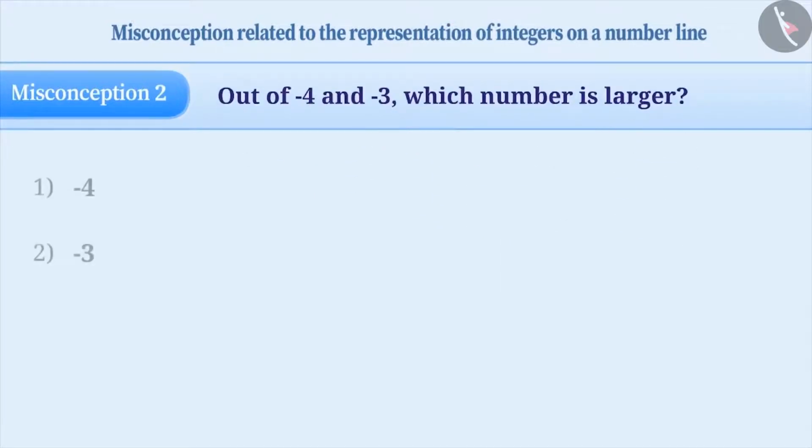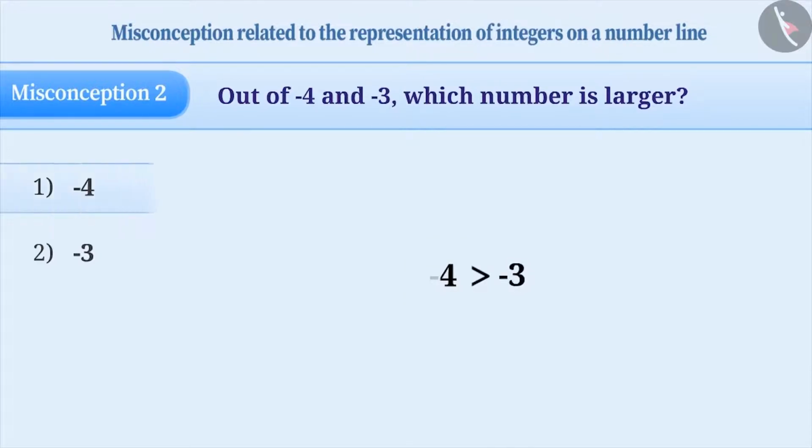Out of minus 4 and minus 3, which number is larger? It is easy to compare two positive numbers or a positive and a negative number. But comparing two negative numbers can be challenging. Minus 4 is often mistaken as 4 and considered larger than minus 3.